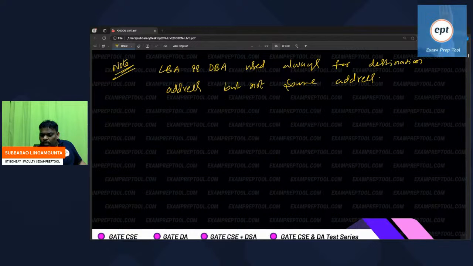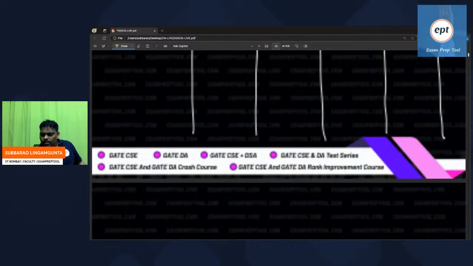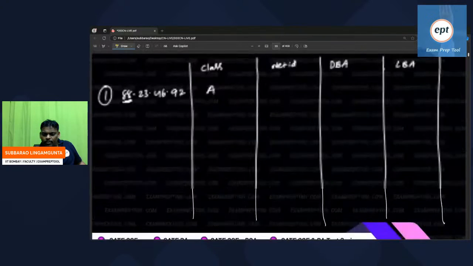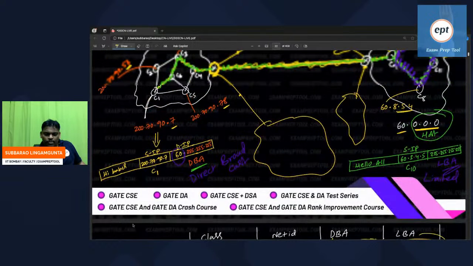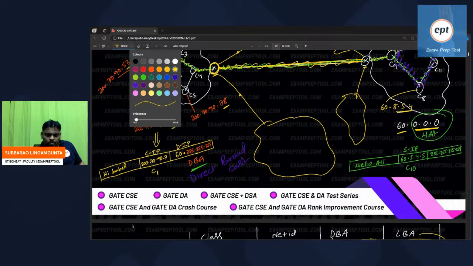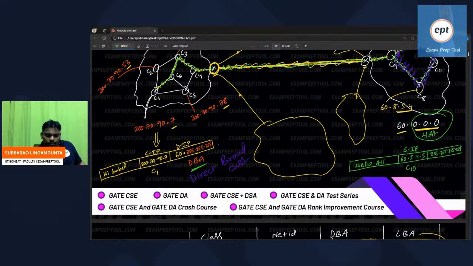If you want, you can go to our example and check. Can you see our example here? See everyone, I am just using another color. DBA is used as a destination IP.